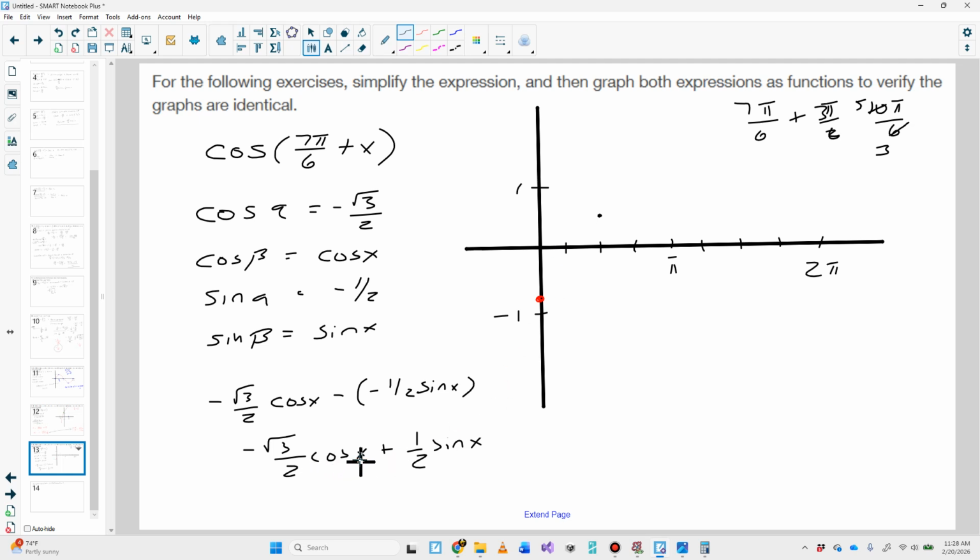The cosine of pi over 4 is the square root of 2 over 2. So let's multiply square root of 3 over 2 times the square root of 2 over 2. That's pi over 4, that's pi over 2, that's 3 pi over 4.